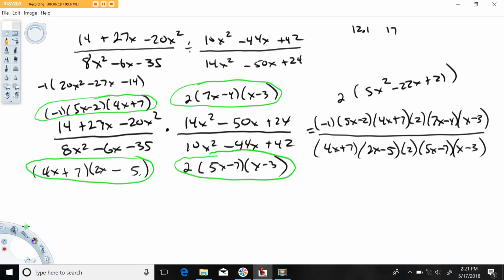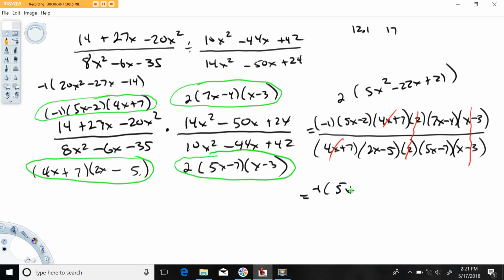I'm going to use red here to show that reduction. These reduce to 1. The pair of 2's will reduce to 1. The 4x plus 7 and 4x plus 7 will go away. 5x minus 7, I think everything else is going to stay put here. This minus sign, I'll talk about what we might do with that in a minute.